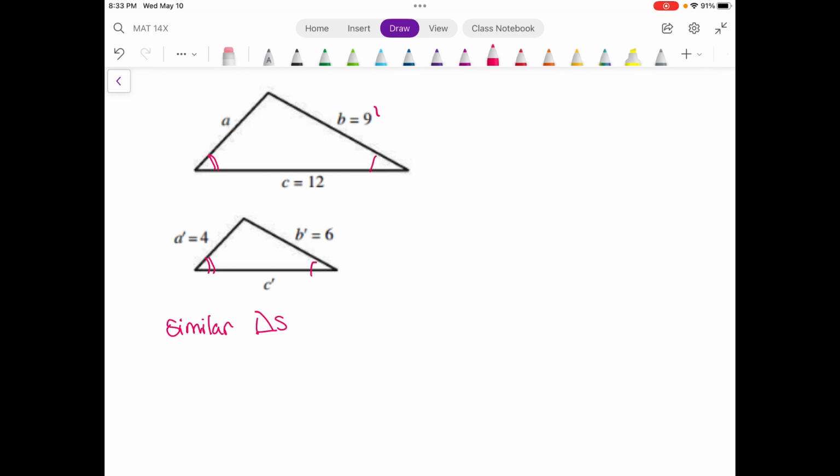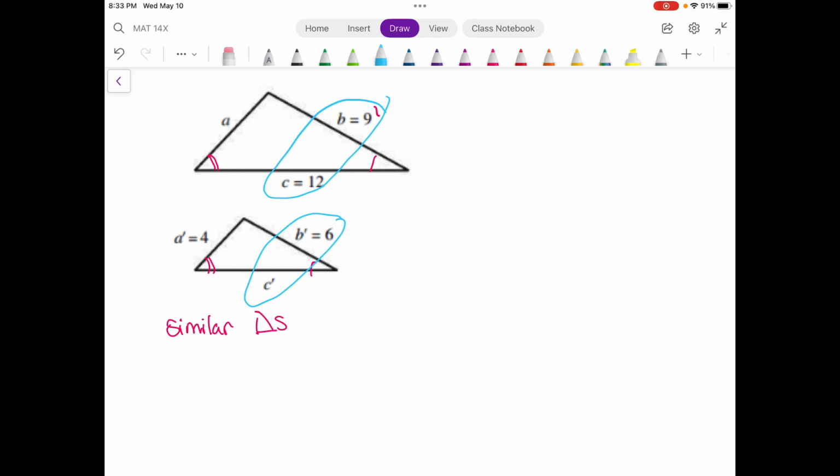But let's approach this. We want to find the length of A in the big triangle and C in the small triangle, just like we approached that photo problem. So to start with, we're going to look at B and C. And the reason I'm choosing B is because I know the length of B in both triangles.